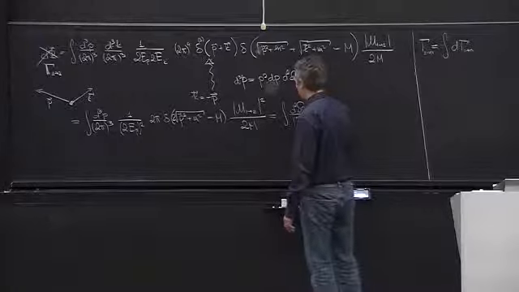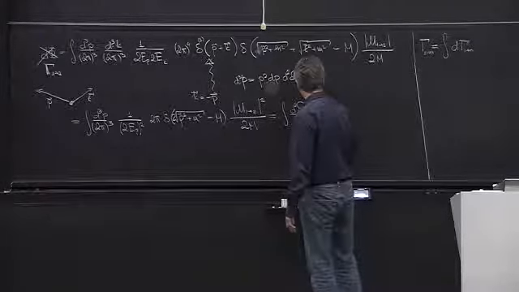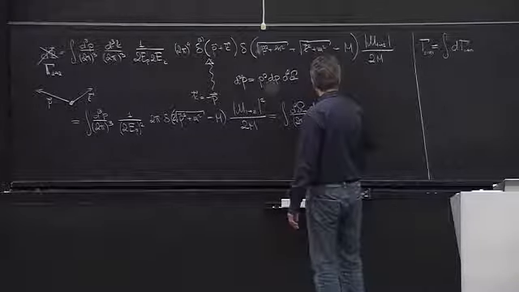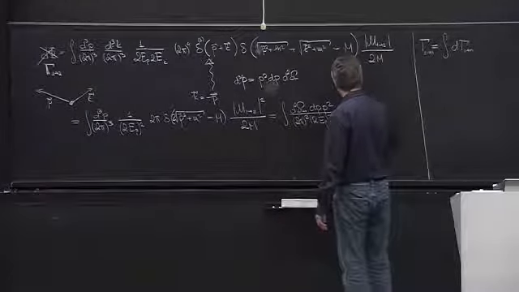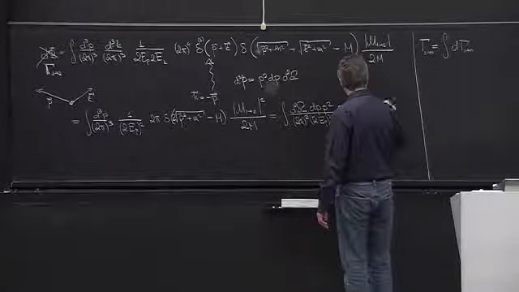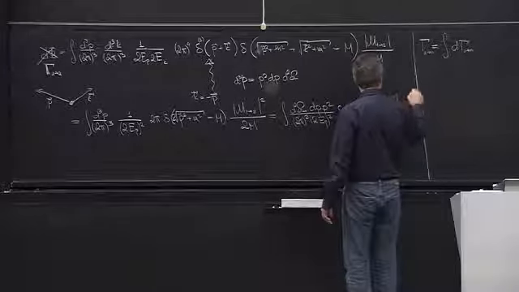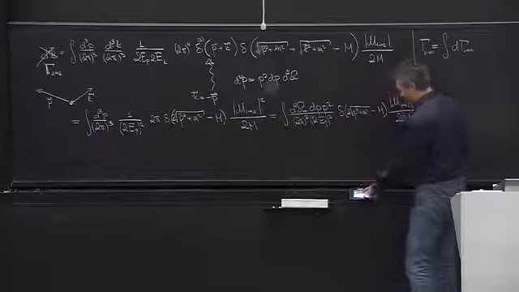So multiplied by 2E_p squared. And then the delta function of 2 square root of p squared plus m squared minus m. And then whatever stands here.